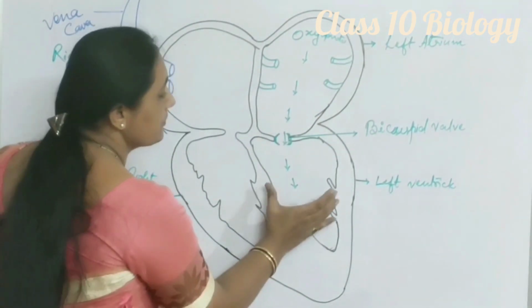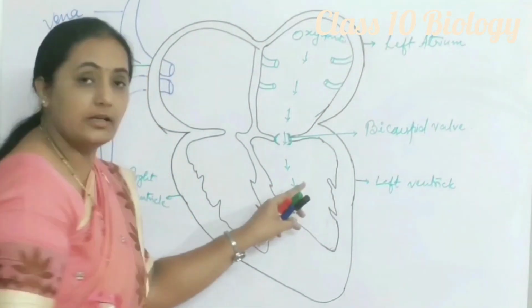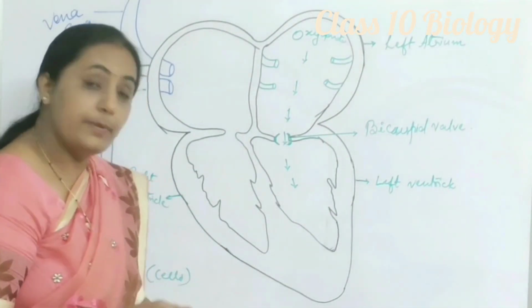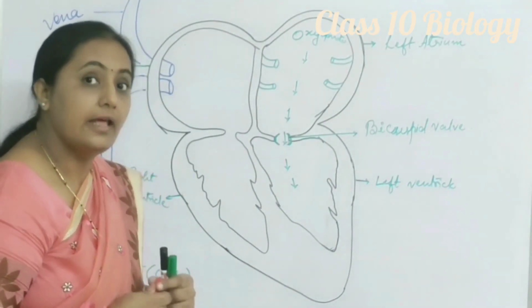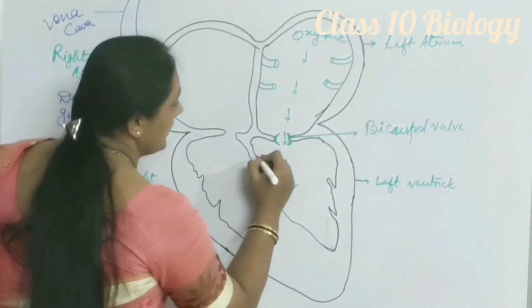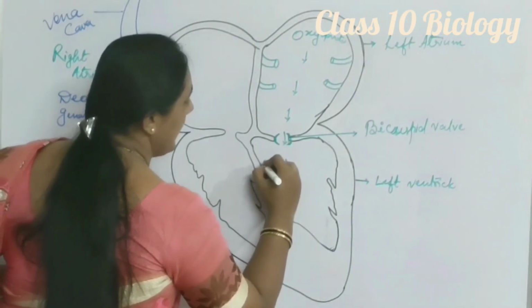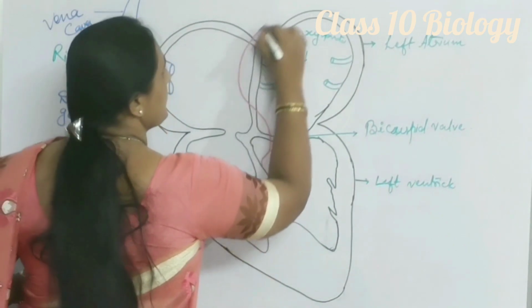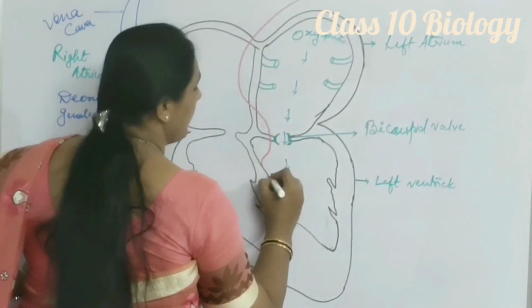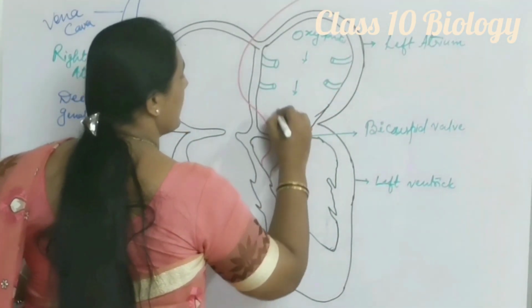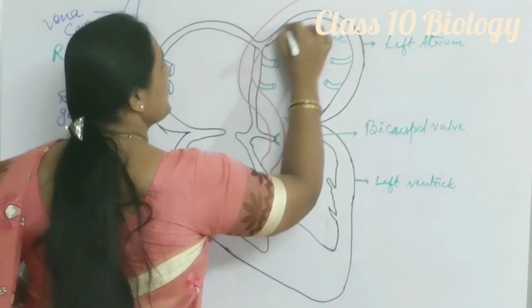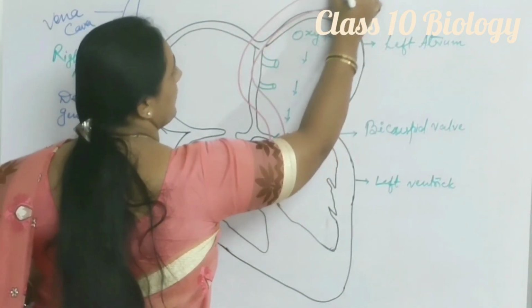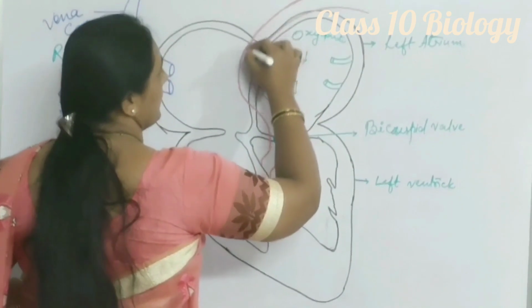Then this ventricle contracts. Because of contraction in the ventricle, the ventricle has inside this area an opening of the biggest artery, and that biggest artery is called the aorta. This is the aorta.